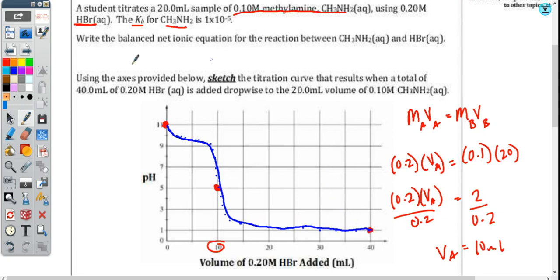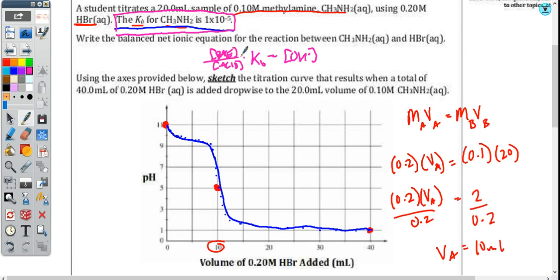If you have time, I set this up so it's kind of nice for you to work with. The Kb of the base is 1 times 10 to the minus 5. So I have to remember that Kb times base concentration over acid concentration is equal to hydroxide ion concentration.